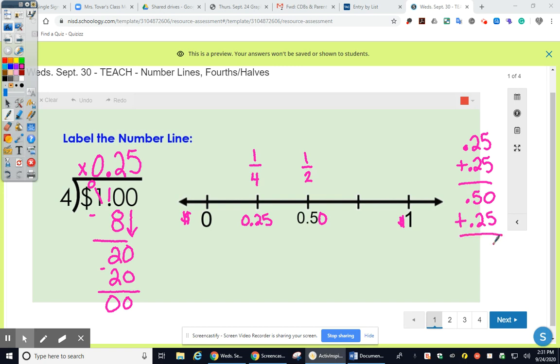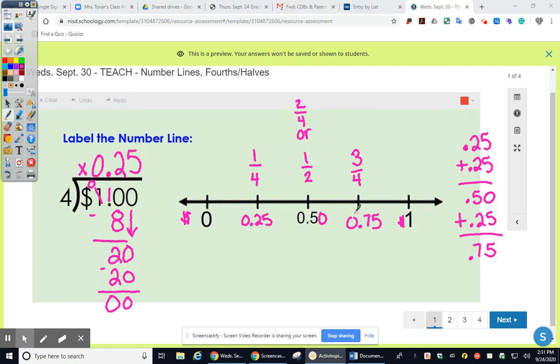And when we add it, we get 75 cents. So down here, this would be 75 cents. Or we could even say that this is 1/4, a half, or 3/4. Because remember, 1/2 is also known as 2/4. So that's 1/4, 2/4, 3/4.